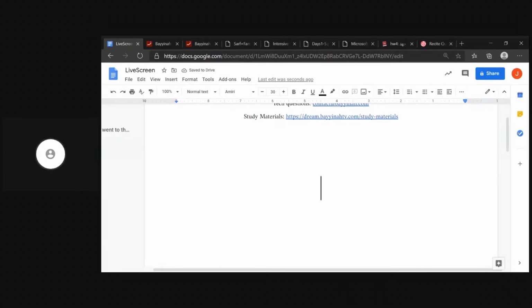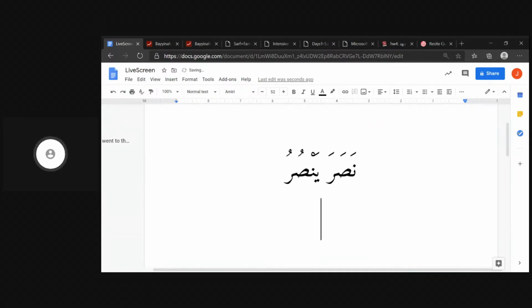So the first word is nasara yansuru. That's the first word. The second word is ta'allama yata'allamu. For both of these, we need to treat it the same way.